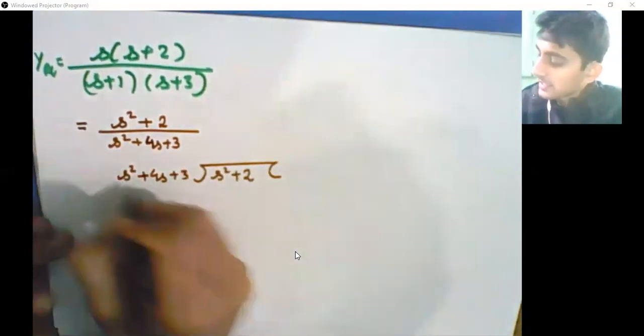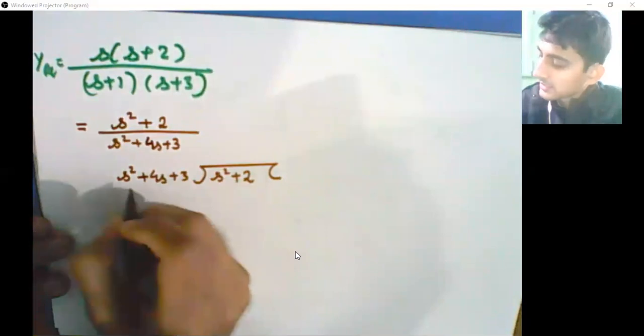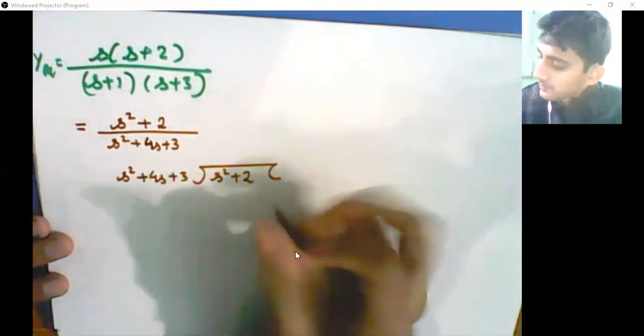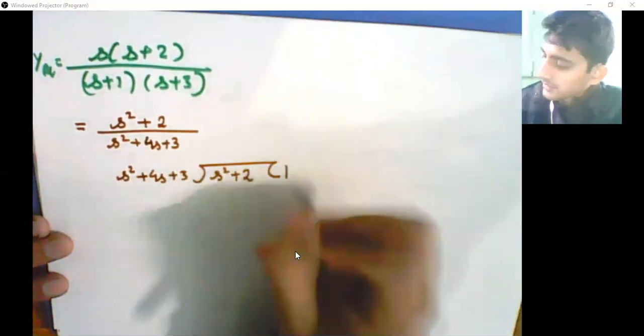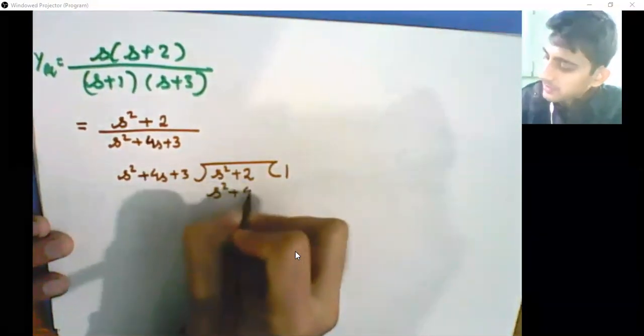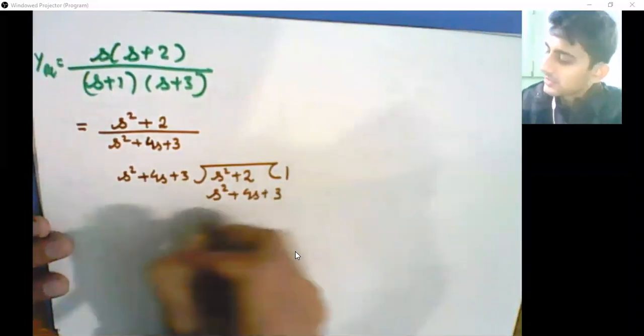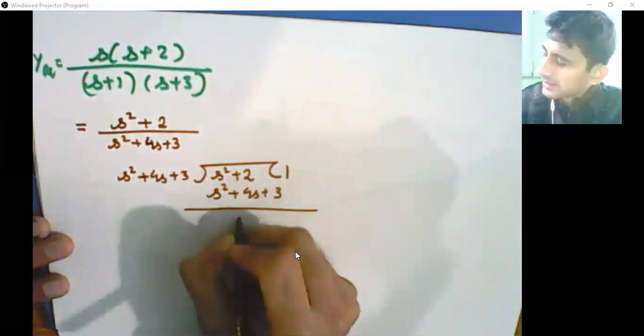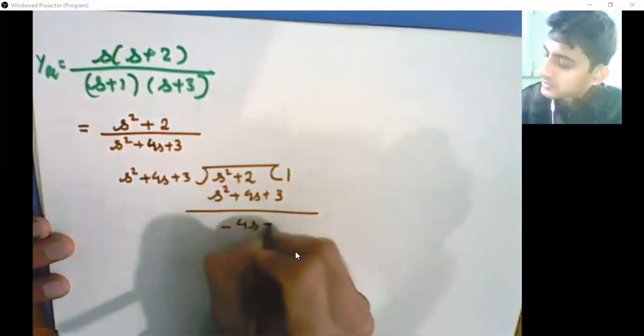So first we have a term like this, which is 1. So it becomes S square plus 4S plus 3, but when you take minus, it will become minus 4S and minus 2.